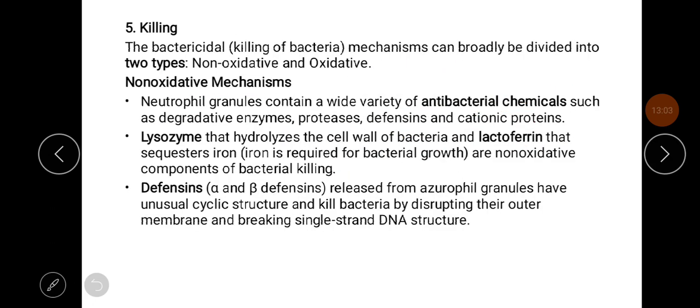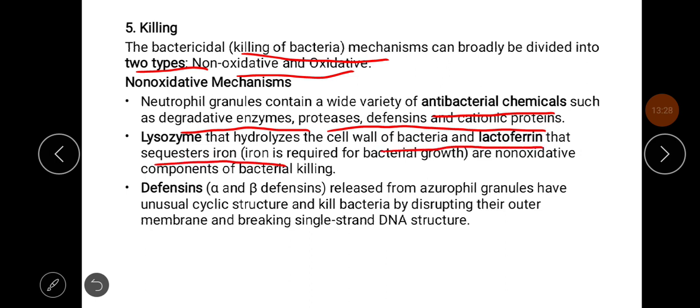The killing of the bacteria, the mechanisms can be broadly divided into two types: non-oxidative and oxidative. Non-oxidative mechanisms: neutrophil granules contain a wide variety of antibacterial chemicals such as degradative enzymes, proteases, defensin, and cationic proteins, lysozyme that hydrolyzes the wall of the bacteria, and lactoferrin that sequesters iron.